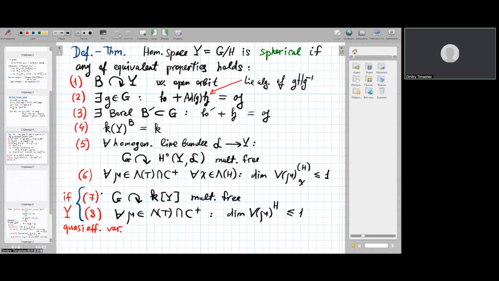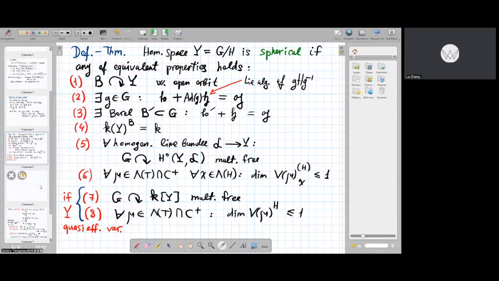Excuse me, just a minute. I erase the drop of ink which I put here. Okay. We proved that 5 implies 7 without any assumption. There is an empty page.